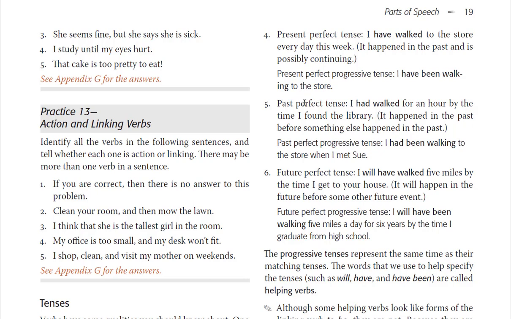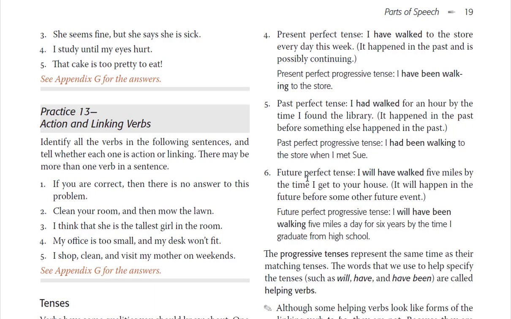So past perfect involves two past actions, and one past action is more in the past than the other past action. So for instance, you always take off your clothes before you go into the shower, right? So that's why you have past perfect, meaning the first past action, had taken off my clothes, then the other past, before I went into the shower.